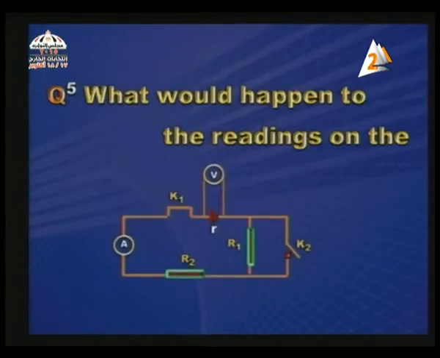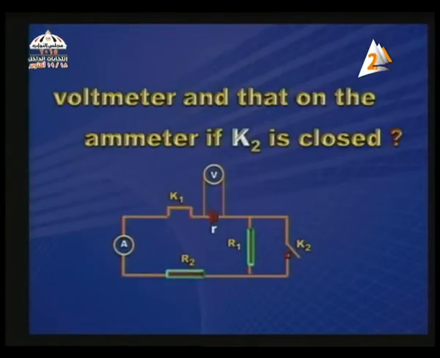What would happen to the readings on the voltmeter and that on the ammeter if the switch denoted by K2 is closed? It means we are decreasing the external resistance of the circuit. And we want to know the effect of this on the reading of the voltmeter. The reading of the voltmeter is the terminal voltage.